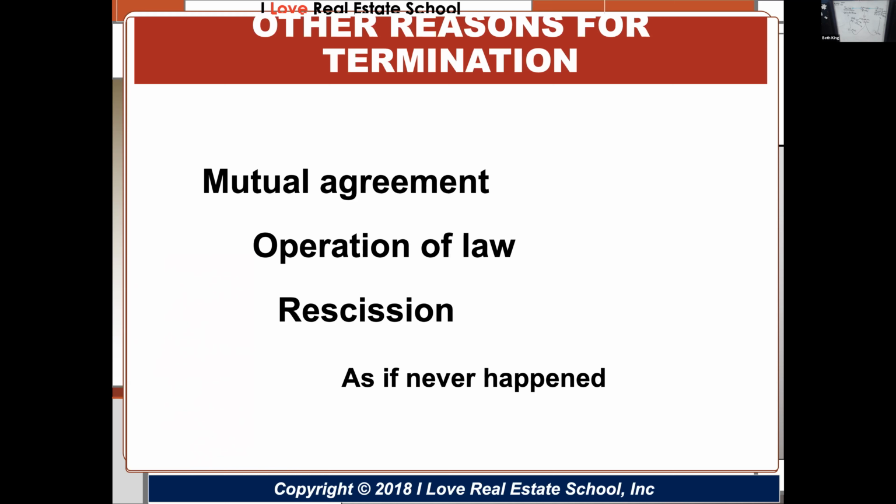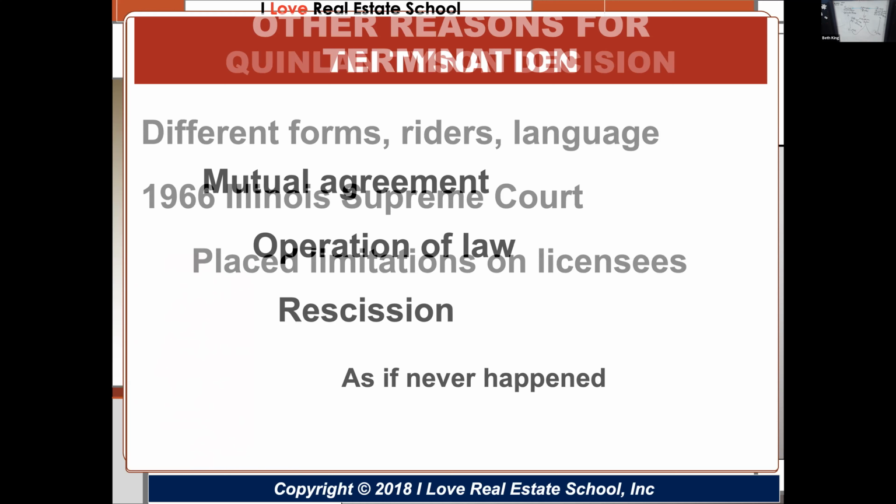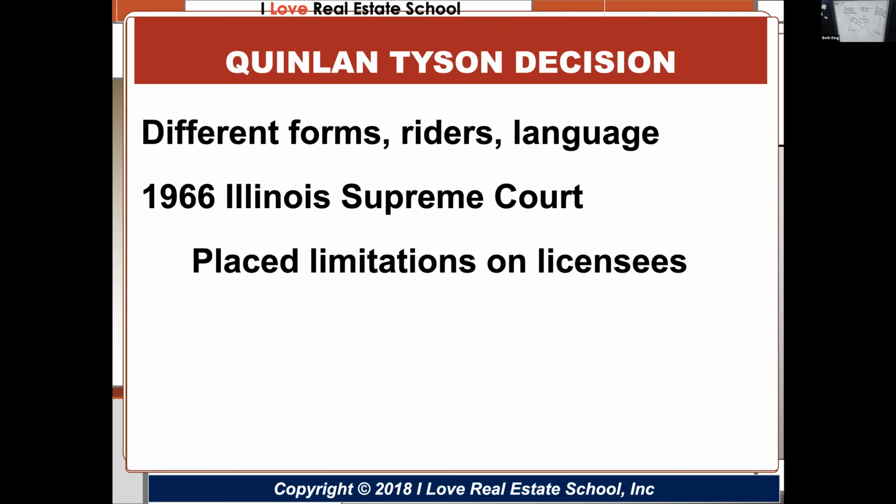Okay. Turn to page 196. Last paragraph. It says, highlight, in Illinois, the Illinois Supreme Court decision in the case of the Chicago Bar Association versus Quinlan and Tyson placed certain limitations on real estate licensees in drafting a contract for sale.